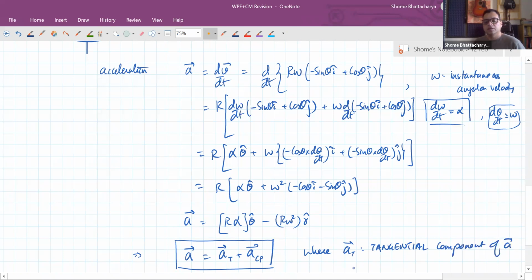Okay. And is given by the relation r alpha, and its direction is the tangential unit vector. Okay. So I'll just leave you with a moment to go through this section.